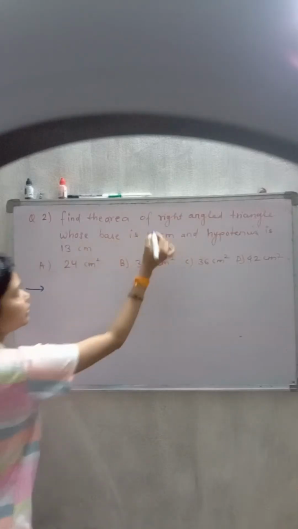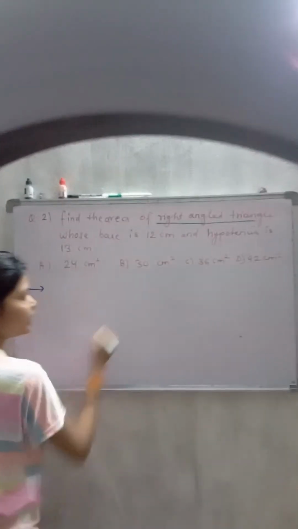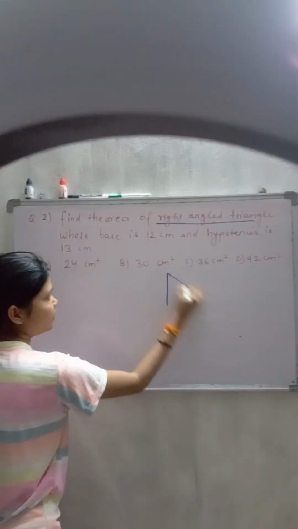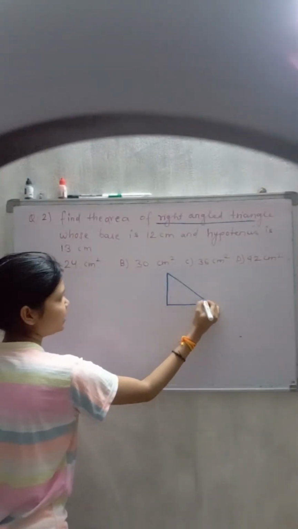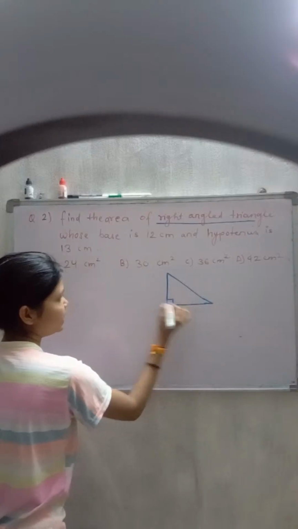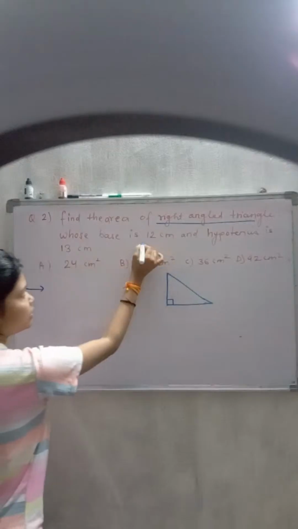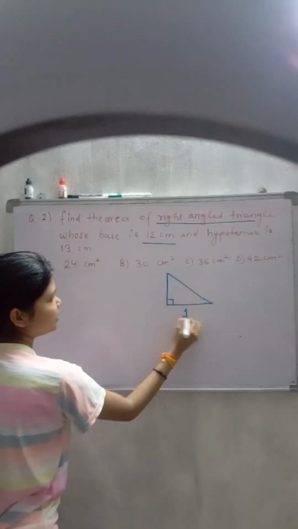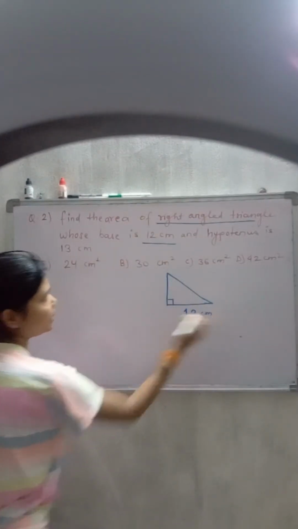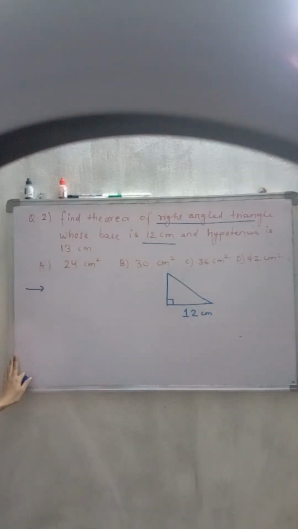Find the area of a right angle triangle. A right angle triangle is the triangle in which one angle is of 90 degree, whose base is 12 centimeter. Base is given as 12 centimeter and hypotenuse is 13 centimeter.